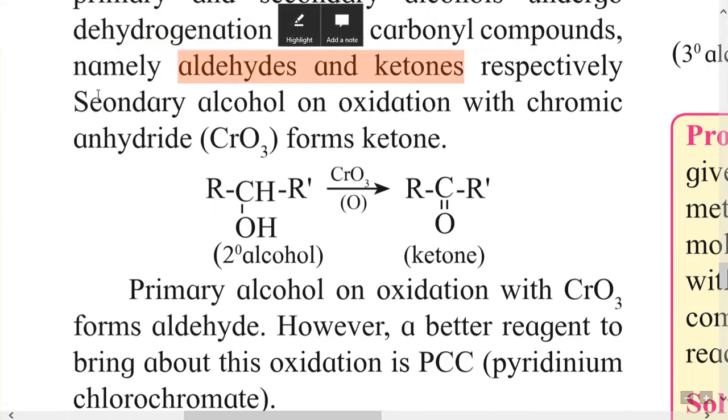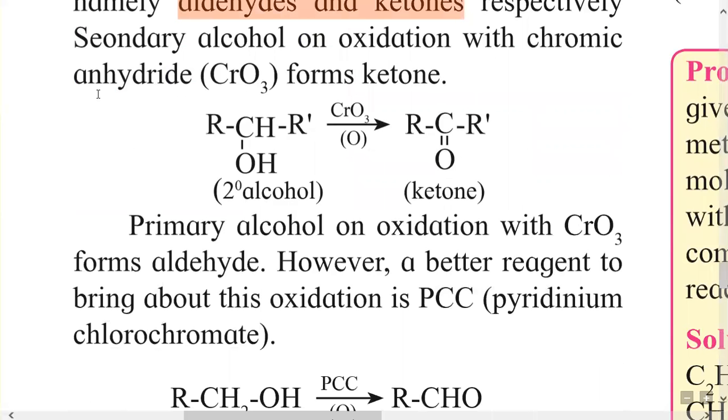We can use oxidizing agent as chromic anhydride. Here the reaction given is secondary alcohol. Secondary alcohol is represented with general formula R-CHOH-R. Here OH group is bonded to secondary carbon.